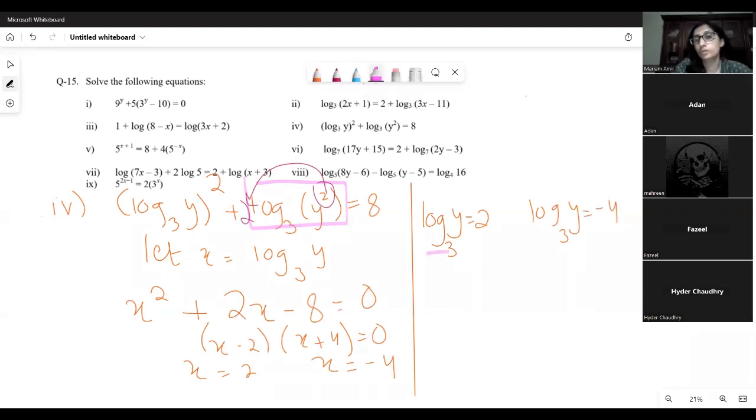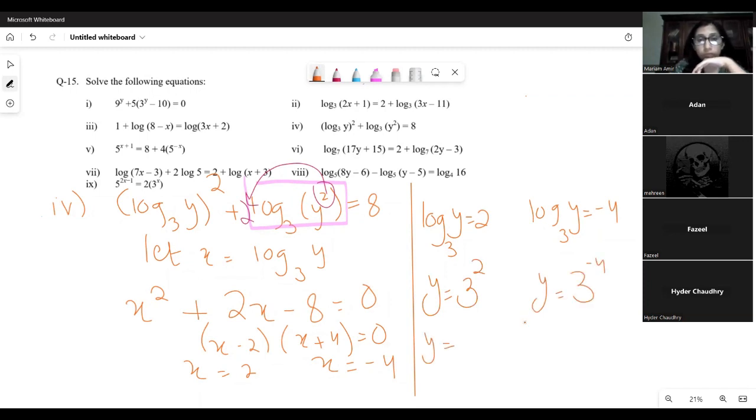Log 3 needs to go to the other side. Then how does log 3 go to the other side? 3 square, 9. This base stays as the base even on the other side. So 3 comes down and 2 comes in the power. Okay. So y equals 3 square, and here y equals 3 power minus 4.